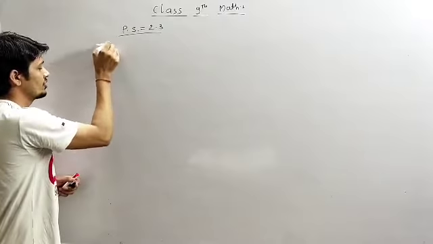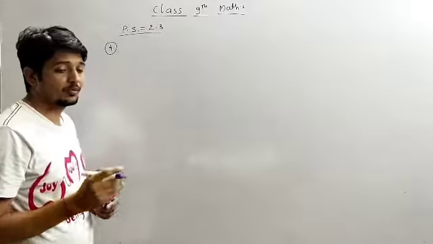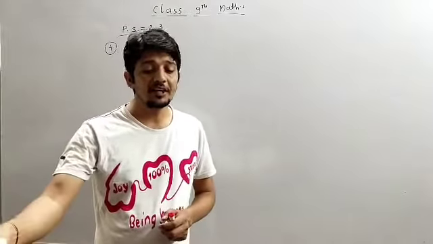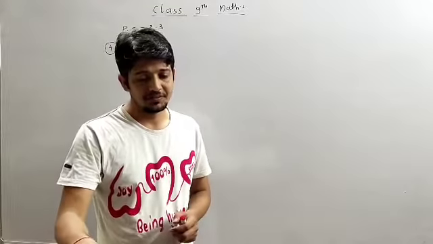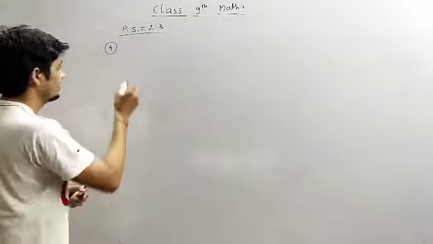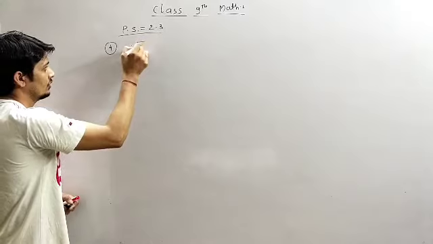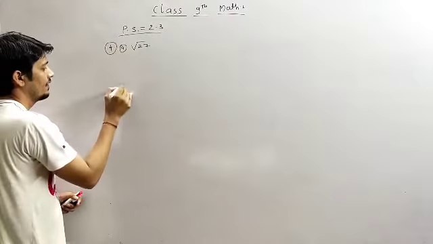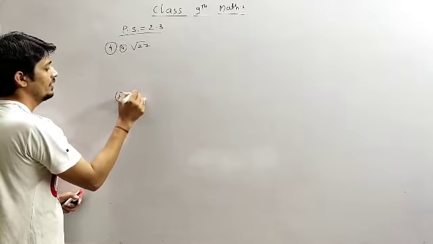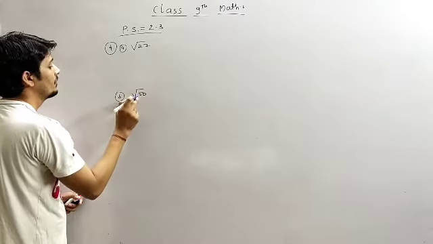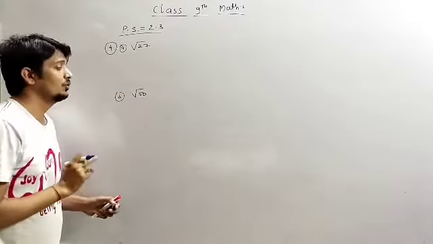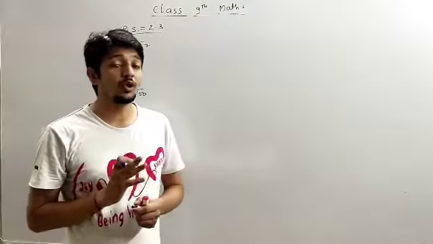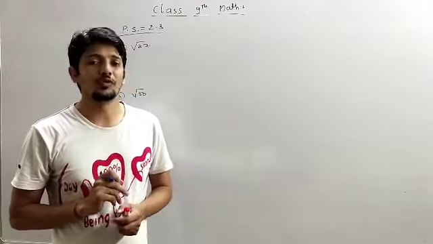Question number 4 says simplify the given surds. So we have A, root 27, then we have B, root 50. Two questions I am going to solve and 2 will be homework for you.